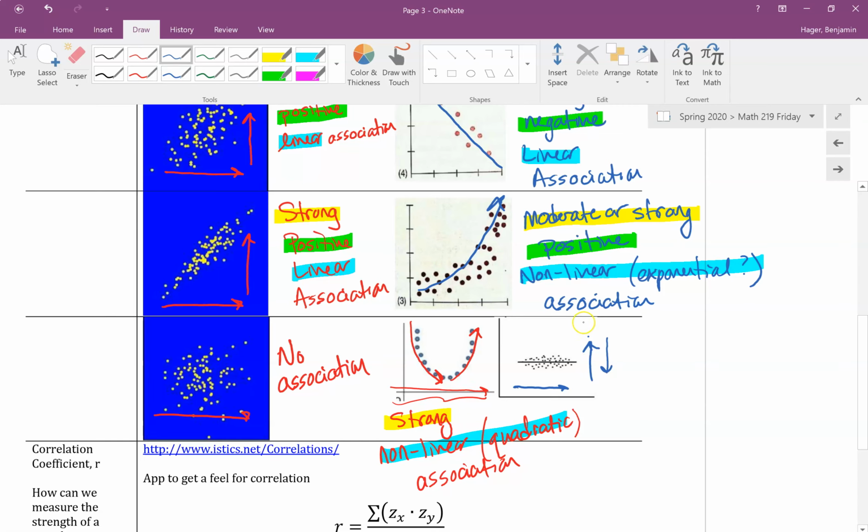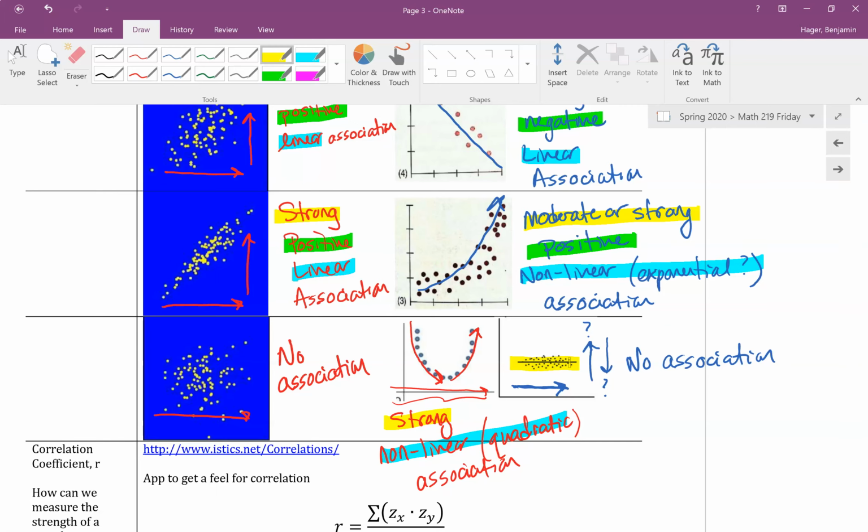As one variable increases, whatever this is on the x-axis is getting larger, it's having no impact on the heights of these data values. So to me, this would be no association. And we'll see later that when you find the equation for this line of best fit, if it has zero slope, which this one does because it's horizontal, that implies no association.